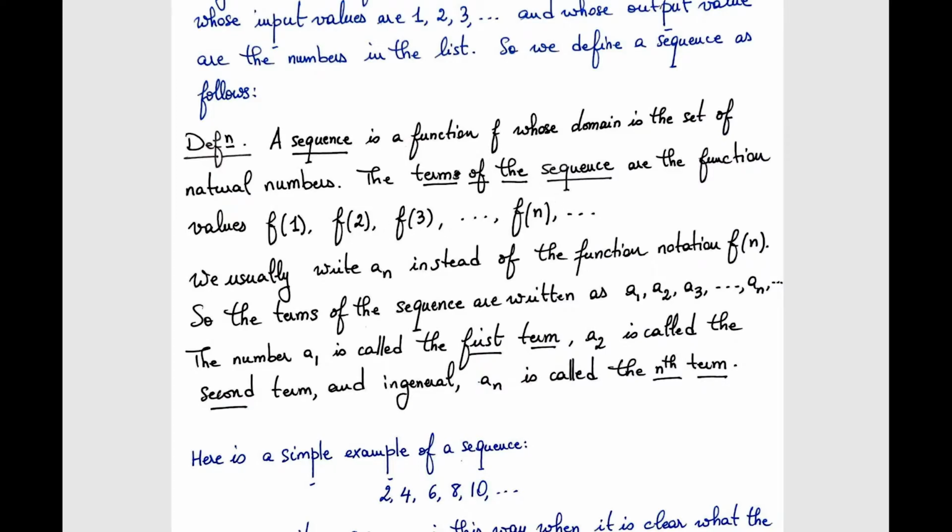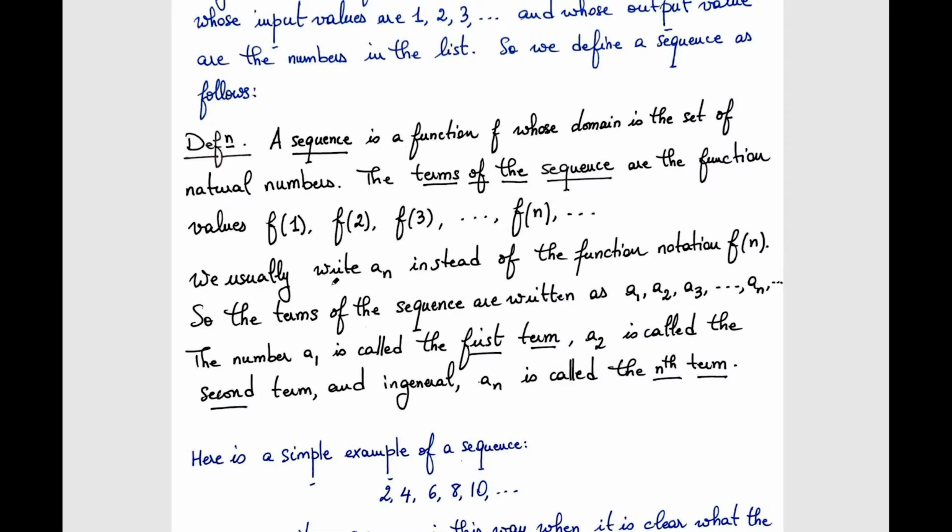So you can think about the terms of the sequence as the images or the function values that the function can take when the inputs are those natural numbers. So the first term, you can think about it as f of 1, the second term as f of 2, and so on.